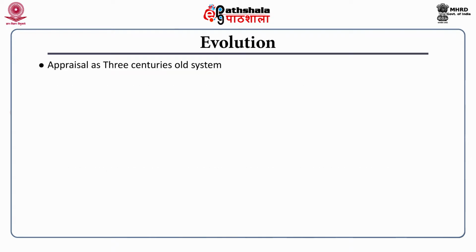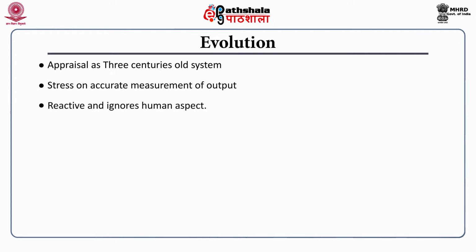Since the advent of the Industrial Revolution about 3 centuries ago, the system of appraising employee performance came into existence. More stress was given on how accurately the output of an employee could be measured. The concept of appraisal only took care of something after it happens.